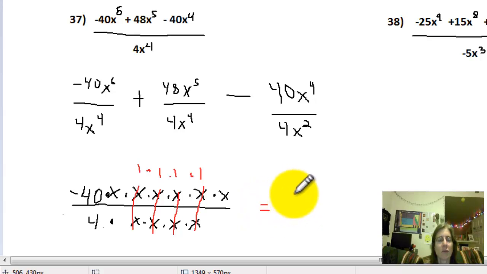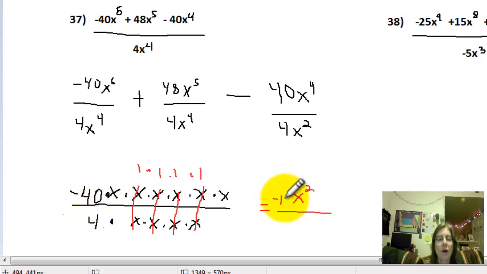So we have x squared after canceling, and 6 minus 4 is 2, so that's x squared. Whenever you have a positive integer after you subtract, you always keep it in the numerator. Now there's x squared in the numerator, and now we just simply divide negative 40 by 4, which is negative 10.